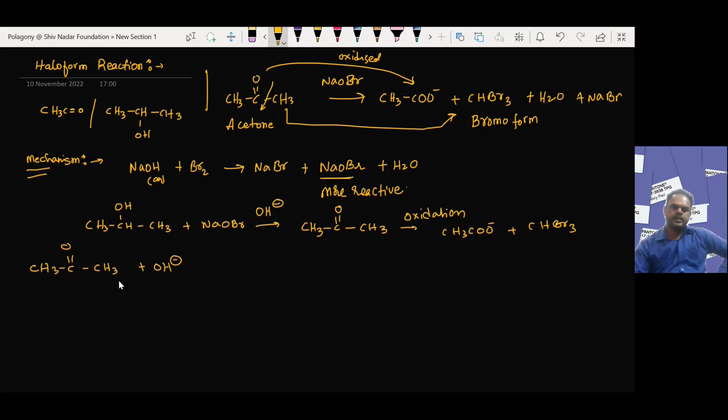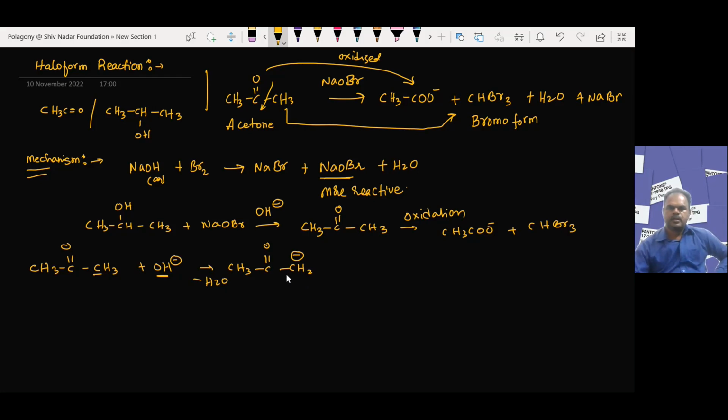The nucleophile of the base abstracts the proton from this alpha carbon and transforms it into CH3COCH2 negative. Then a water molecule is formed.